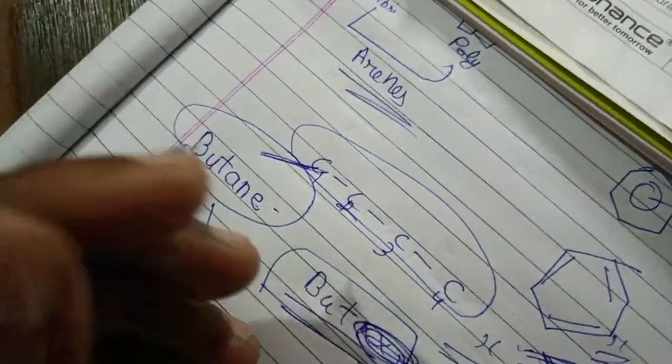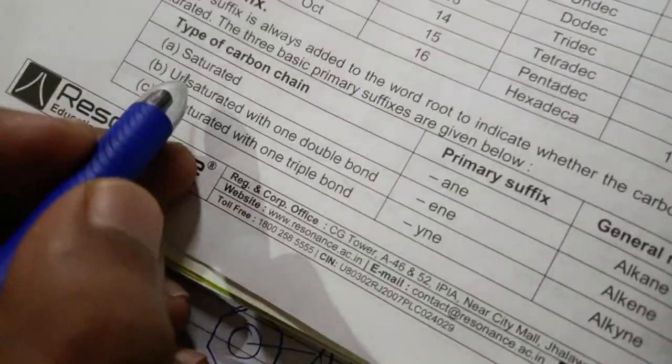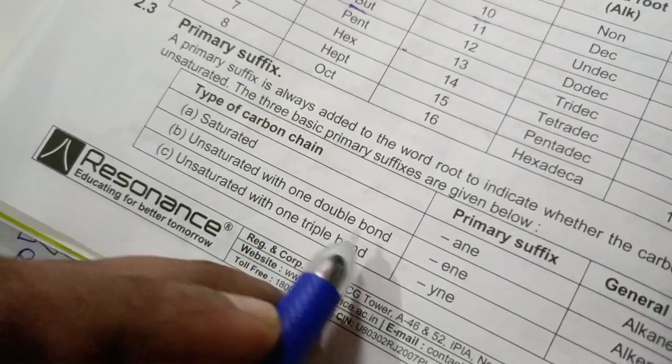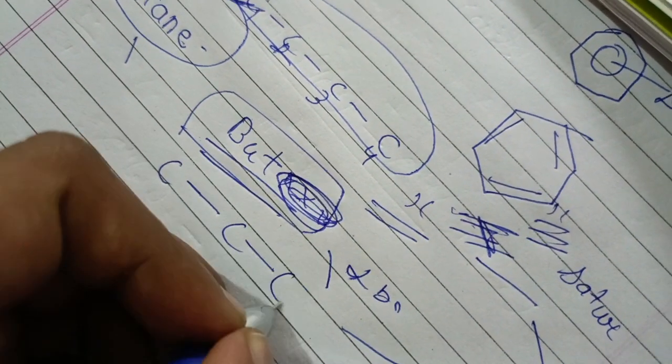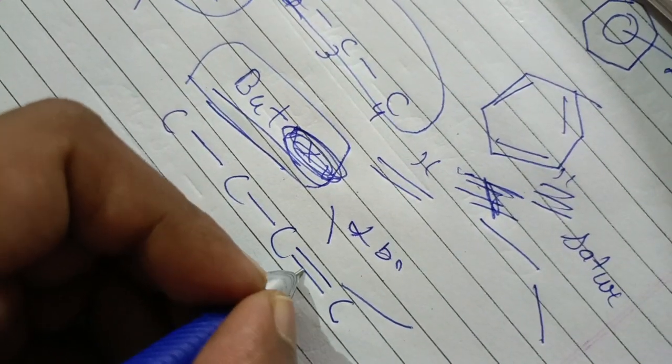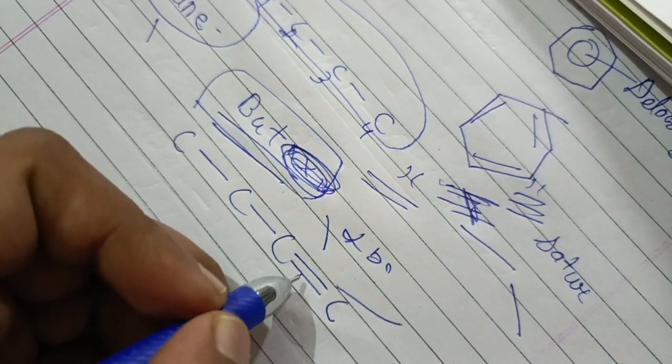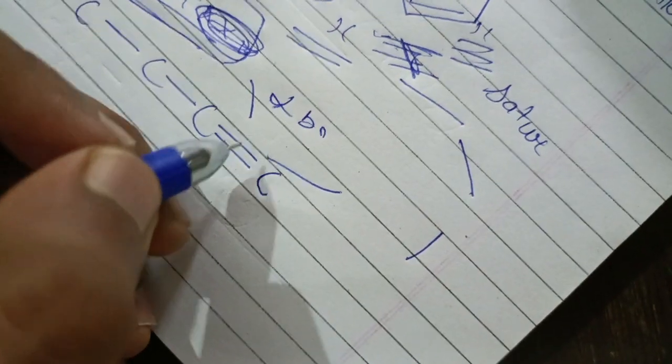Butane. Now if we see an unsaturated compound with a double bond, like C C C C C, it's unsaturated because it has an alkene.